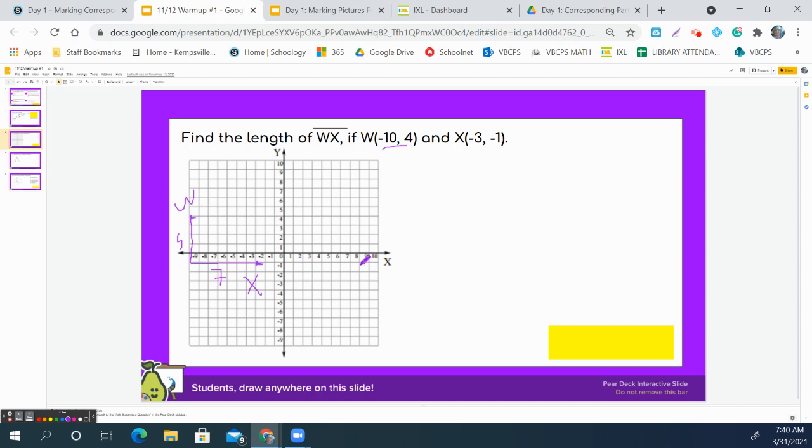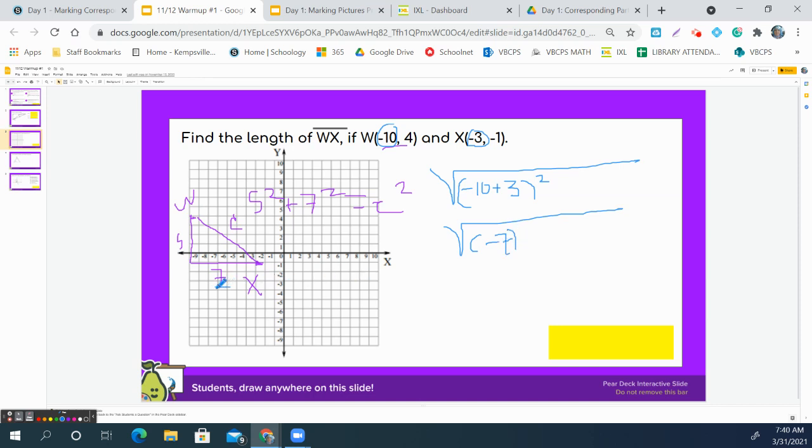This side is 7. So that would be Pythagorean theorem, 5 squared plus 7 squared equals c squared, right? Or we could do x minus x. So negative 10 minus negative 3. When you subtract a negative, that turns positive. Negative 10 plus 3 is negative 7.